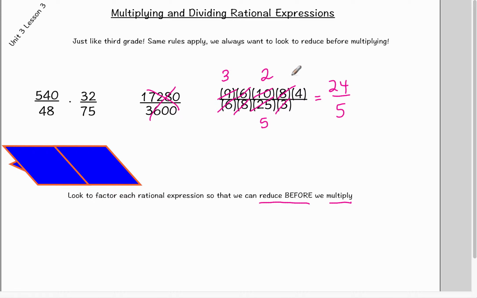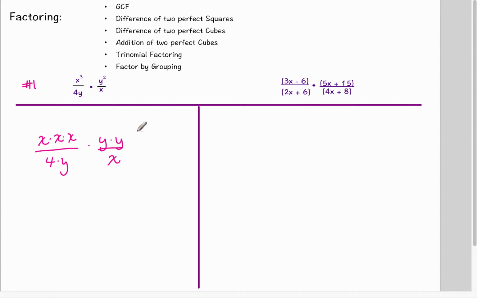We were just breaking them down into factors. Now we can cancel any numerator with any denominator. And that's what we have left. We have an x squared left on top and a y. And on the bottom, we have simply a 4.